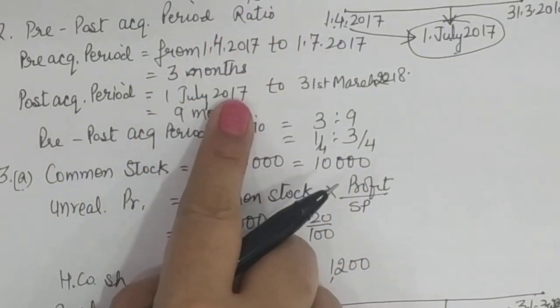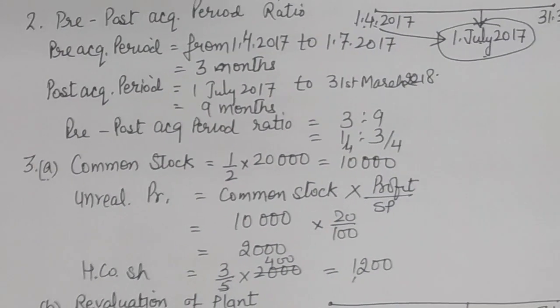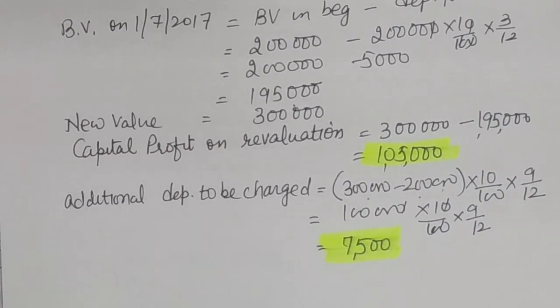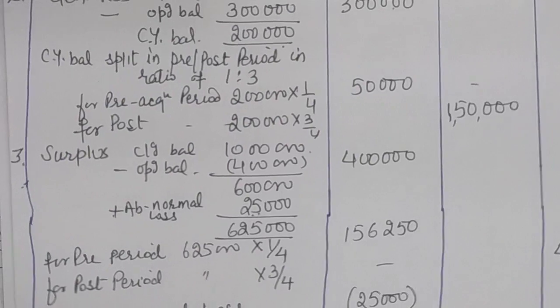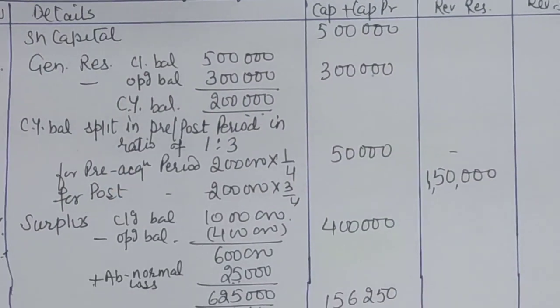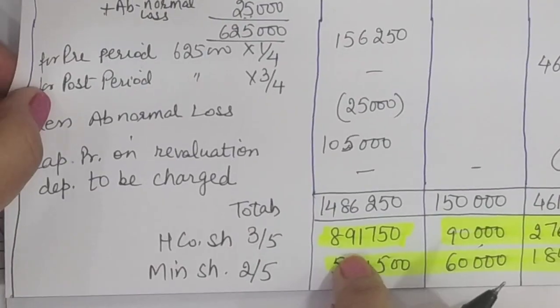We calculated control ratio, pre-post period ratio, then calculation of common stock, and the two issues of revaluation, that is profit or loss and additional depreciation. Then we moved on to the preparation of the statement of analysis of capital and profits, etc. So that gave us 6 figures, and we need to know where to compile them.